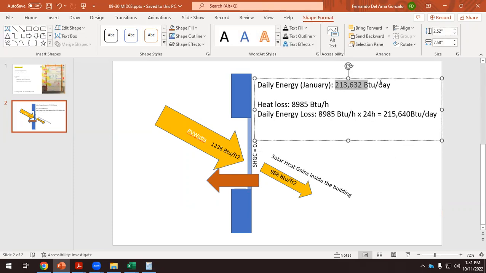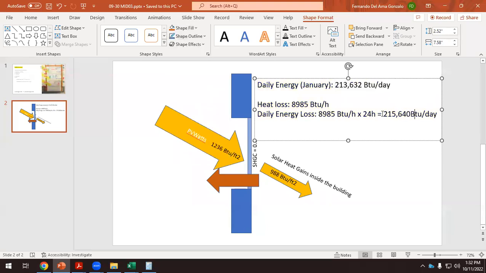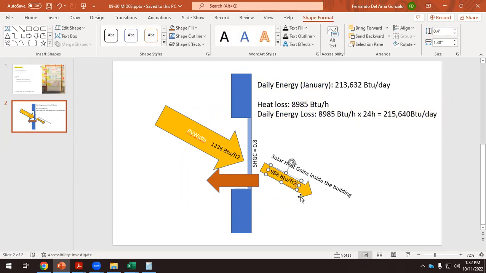Okay, so now I can compare this because here I have BTU per day. And here I have BTU per day. This is BTU per square feet. I have to multiply this times the square feet. So that arrow is this number.